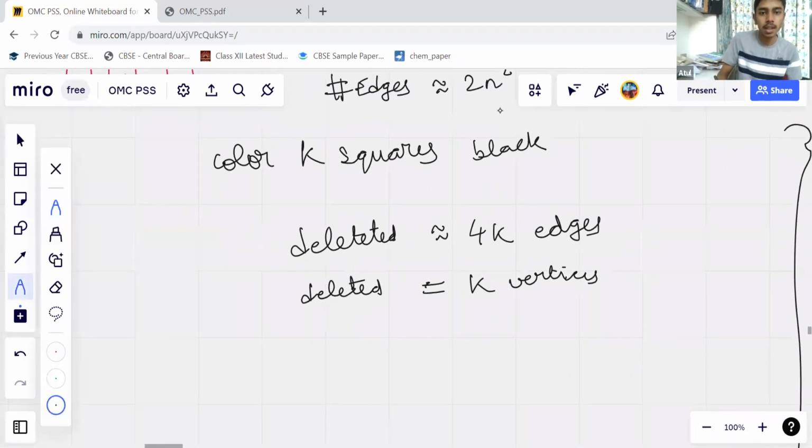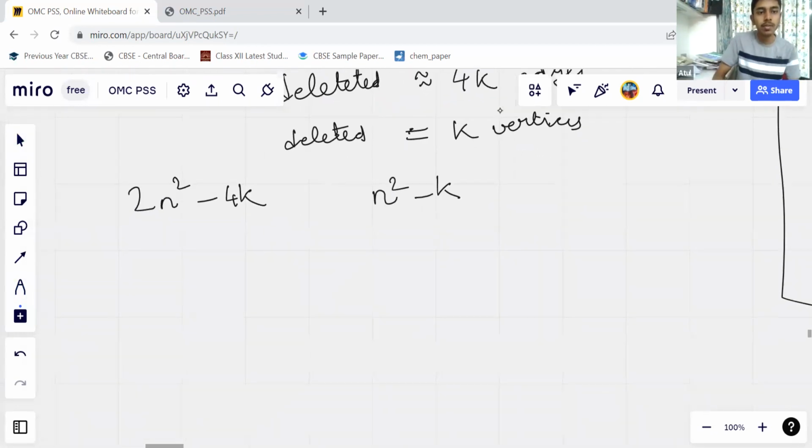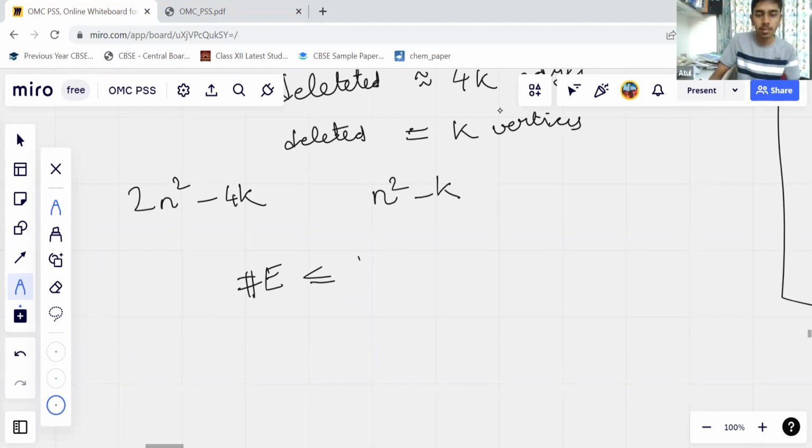Okay, so the number of edges now is approximately 2n² minus 4k, and the number of vertices is exactly n² minus k. So if the graph is acyclic, then we know that the number of edges must be at most the number of vertices minus 1.